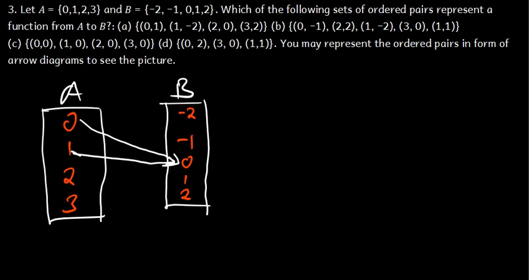Let's go to part D. So part D is 0 comma 2, which is there. Oh, it's 0 comma 2, not negative. 0 all the way to 2. Next is 3 comma 0.